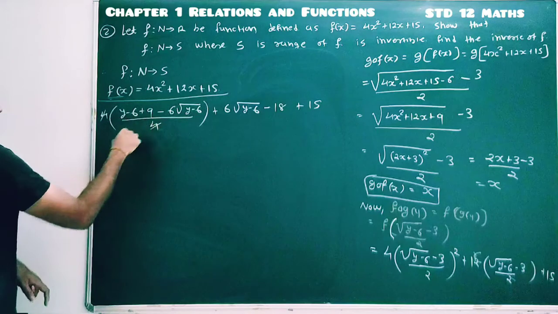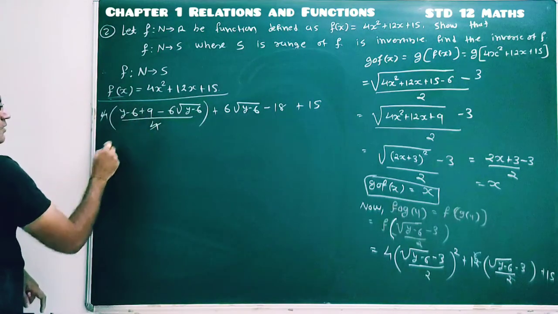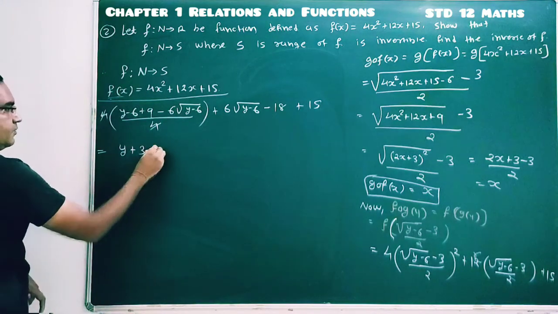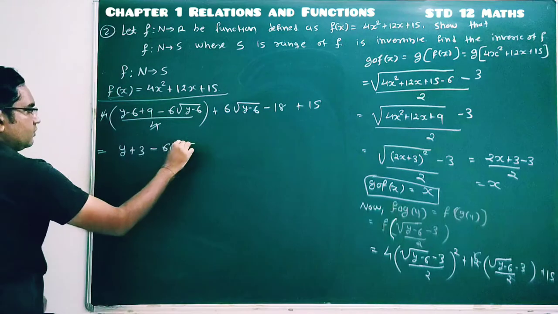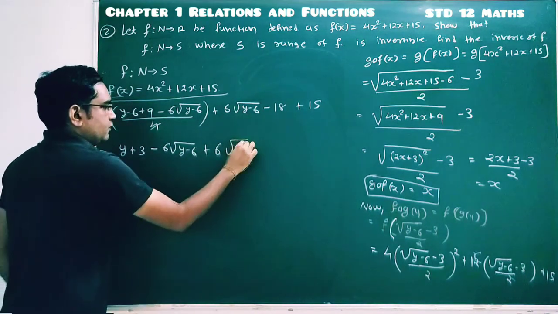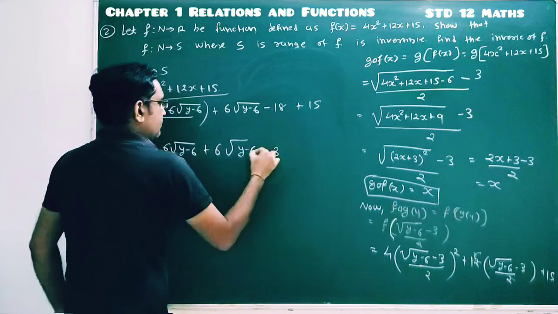Now students, here again 4 and 4 cut, so this is equal to y minus 6 plus 9, so it's y plus 3, minus 6 into square root of y minus 6, plus again 6 into square root of y minus 6, minus 18 plus 15, so it's minus 3.